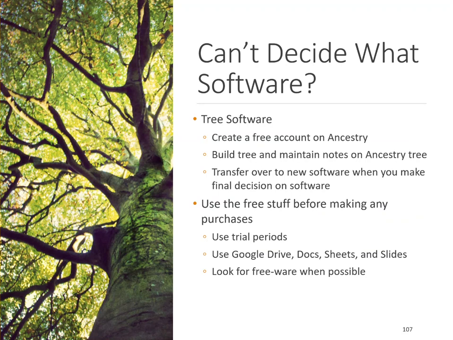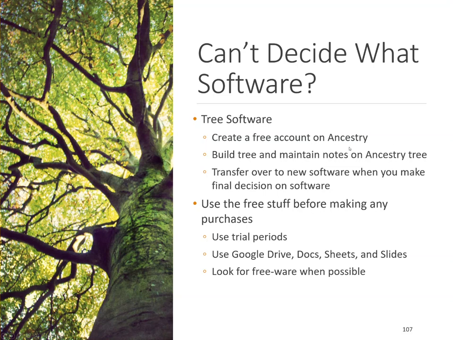So what I would say is, until you make a decision if you want to go with any tree software, what I would do temporarily is create a free account on Ancestry. Put your notes and build your tree there in Ancestry. And once you make a decision, then you make the switch over. I recommend not going past 20 people in your tree. Then it starts being hard to move over.